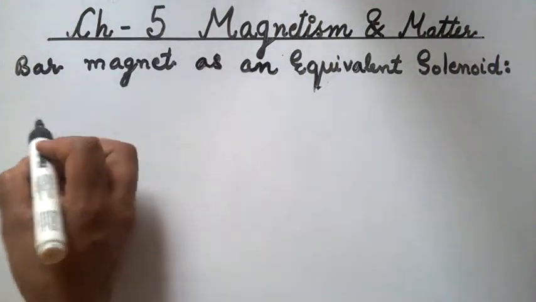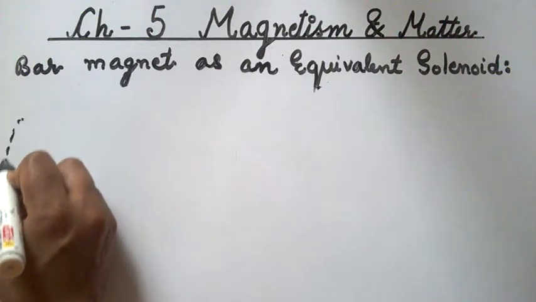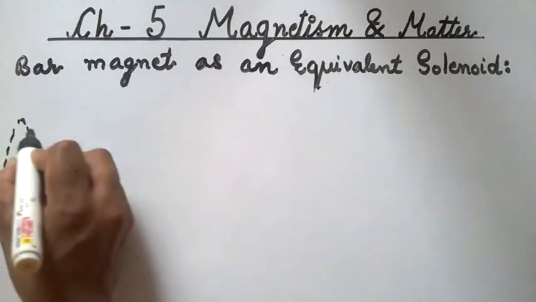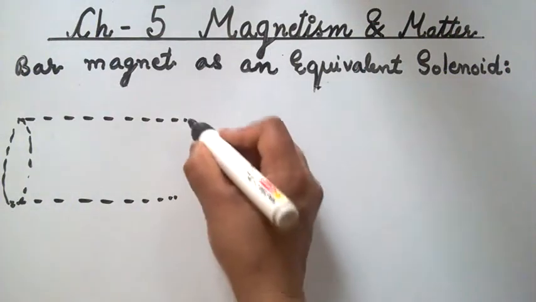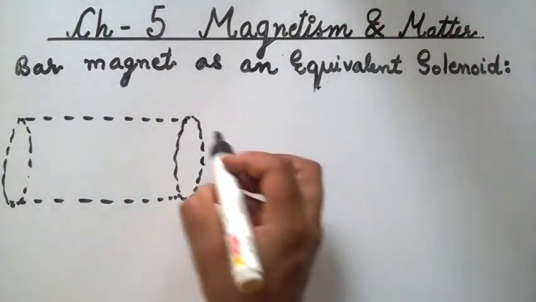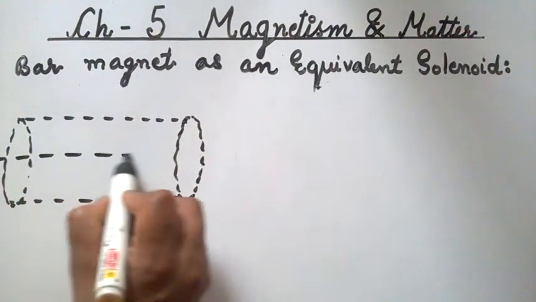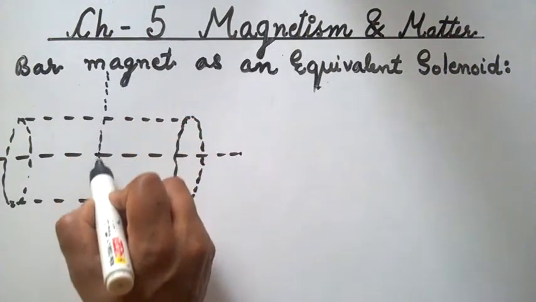Let's draw a finite solenoid for this, having capital N number of current carrying loops. This is the horizontal axis, this is the vertical axis.